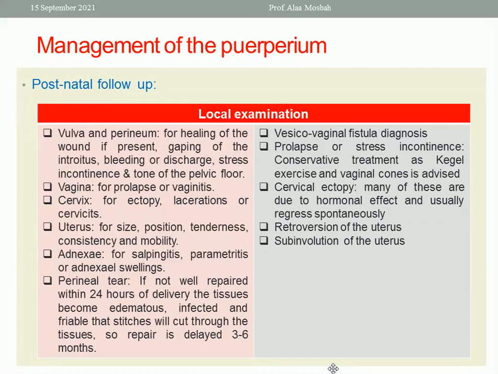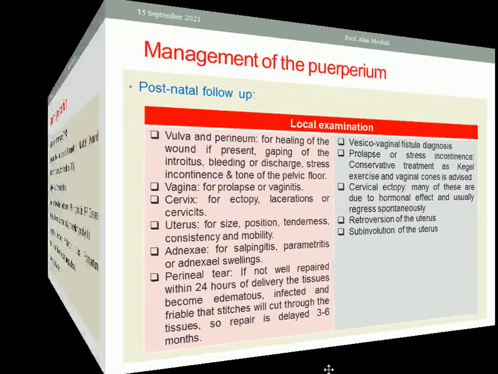Also, you can diagnose retroverted uterus, and you can advise the patient to lie on her abdomen in prone position. Also you can diagnose by local examination the subinvoluted uterus.